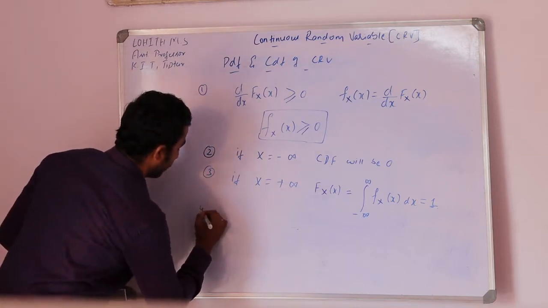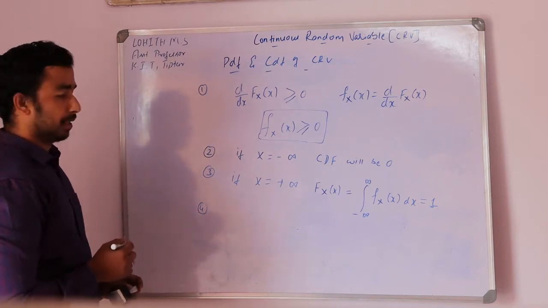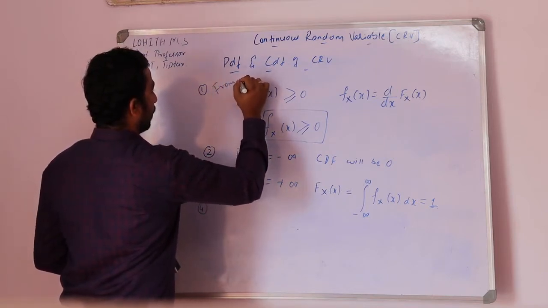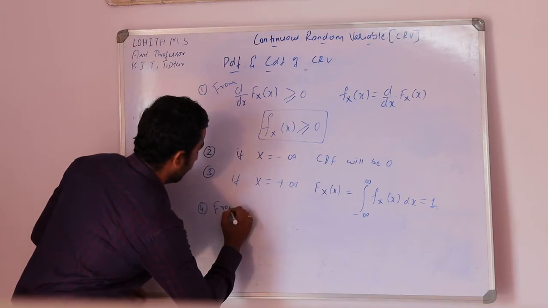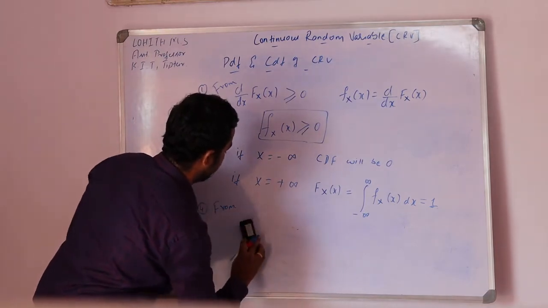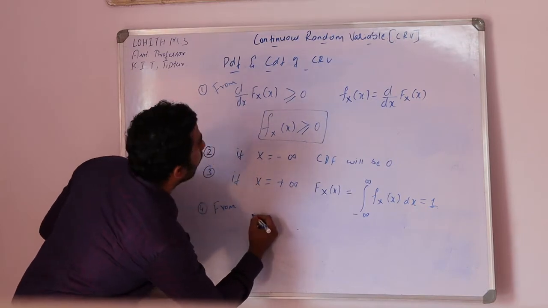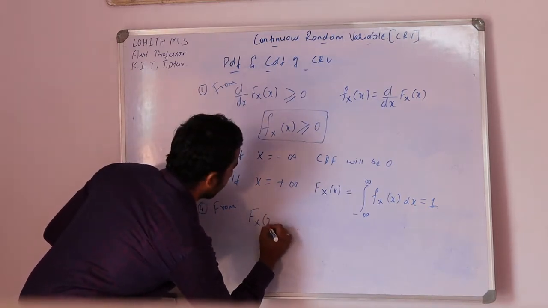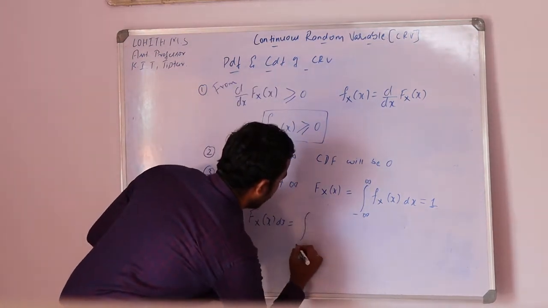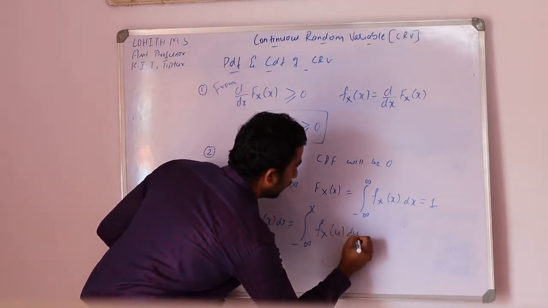Next, the fourth feature. We will again use the two equations we have already discussed before. From these, we can write Fx(x) is equal to the integral from minus infinity to x of fx(u) du.